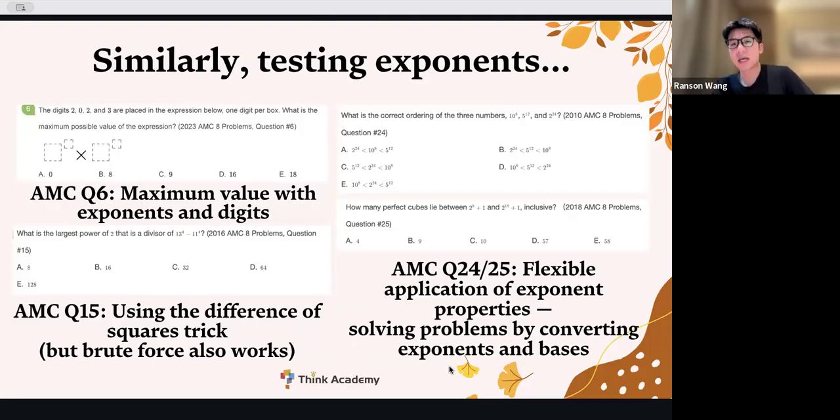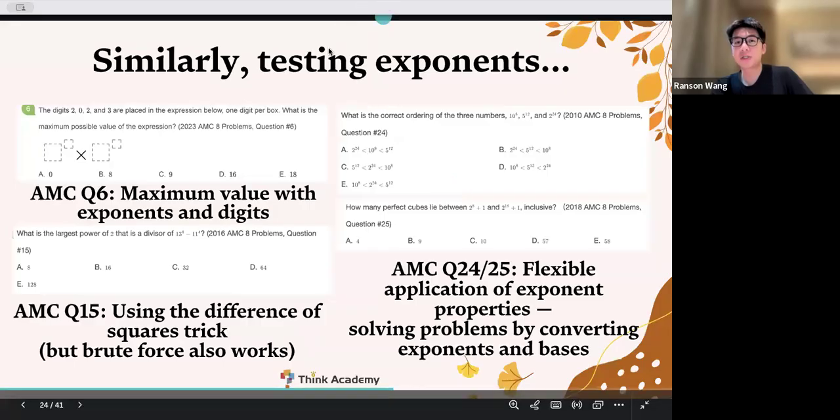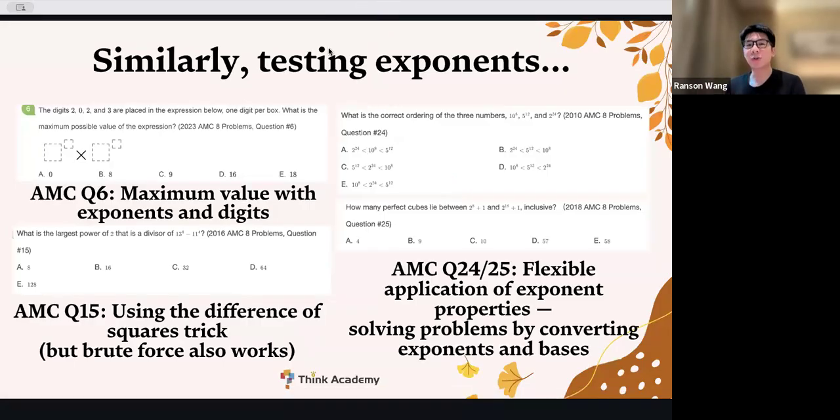And this one is very easy. For students who don't know how to use it, you can actually do it by listing all of the possibilities out because there are not many combinations. You only have 2, 0, 2, 3, and you can test it out or calculate it out. What's the result? And you can still get the correct answer. So this is the type of question you can really calculate out.